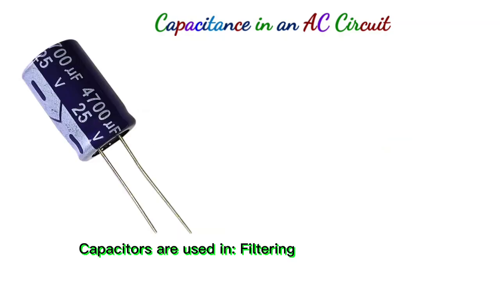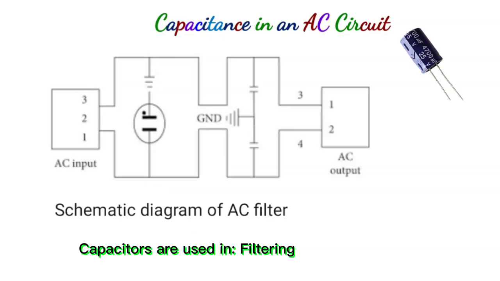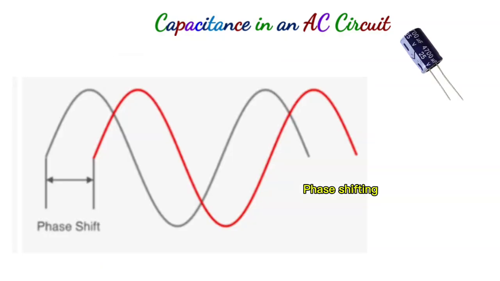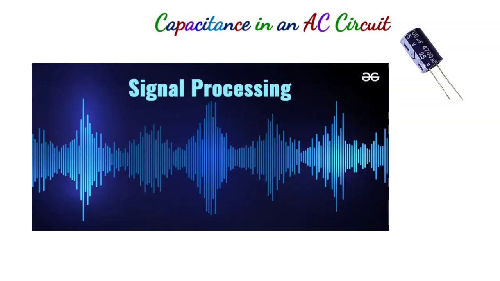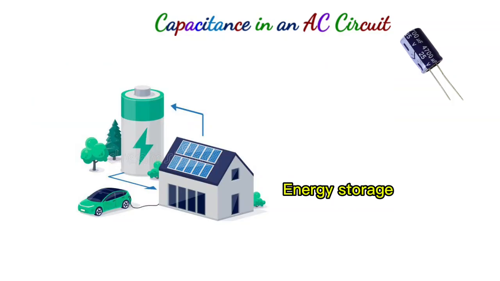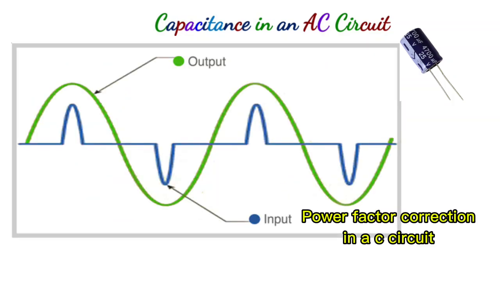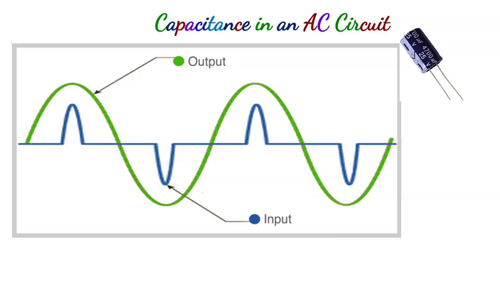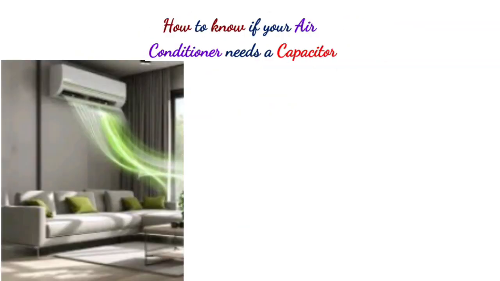Finally, capacitors are used in filtering, phase shifting, motor starting, signal processing, energy storage, and power factor correction in AC circuits. You should note this: how to know if your air conditioner needs a capacitor.